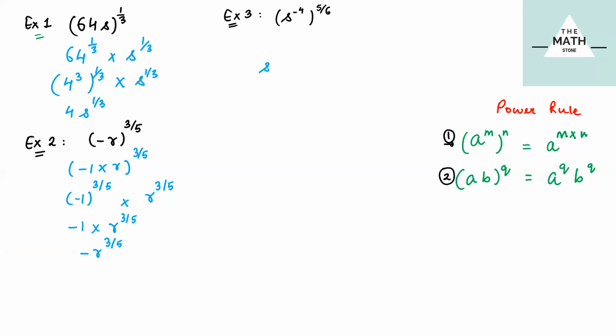So we get s raised to -4 times 5 over 6. So that is equal to s raised to -20 over 6. And if you reduce 20 over 6, you're going to get s raised to -10 over 3. And then you can apply the negative exponent rule. So you take the reciprocal of s. So it gives you 1 over s raised to 10 over 3.